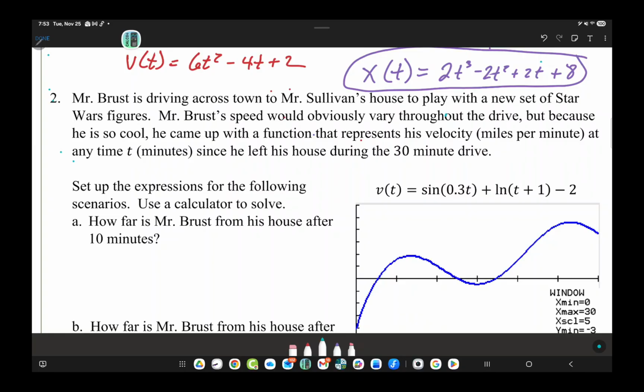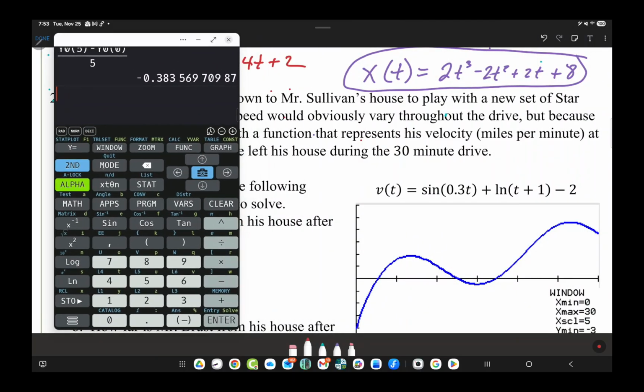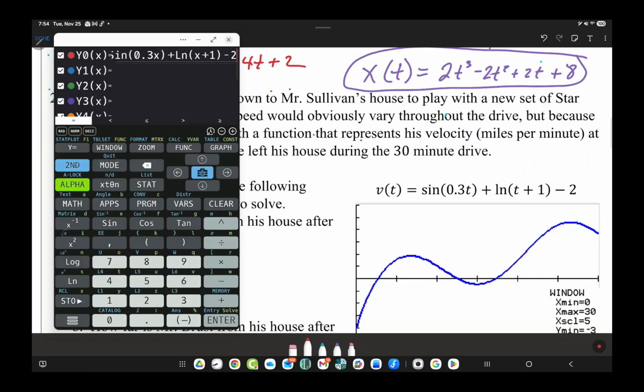How far is Mr. Brust from his house after 10 minutes? If you want to know how far he is, that is just the integral from 0 to 10 of v of t dt. And we're just going to plug this into a calculator. I'm going to put this as my function: sine of 0.3x plus the natural log of x plus 1, minus 2.